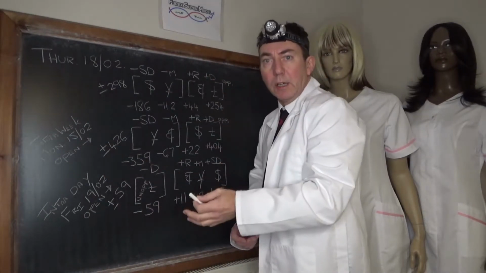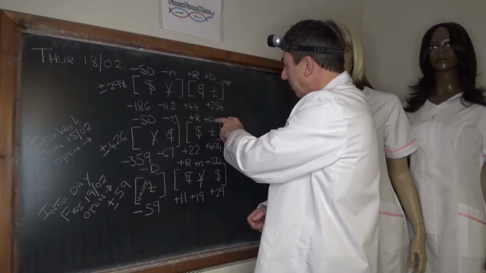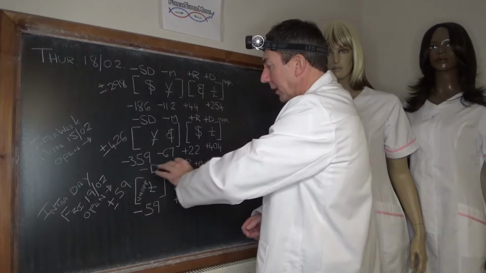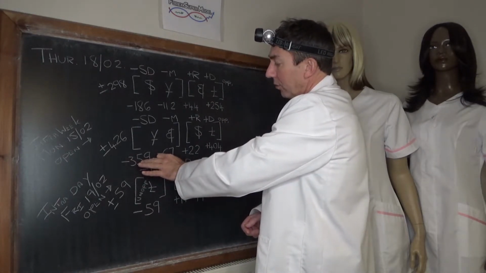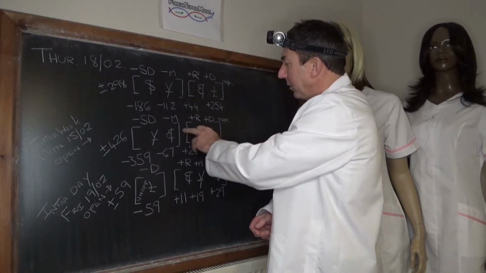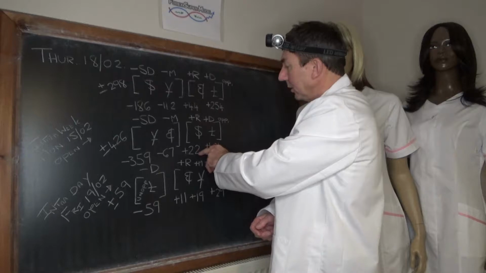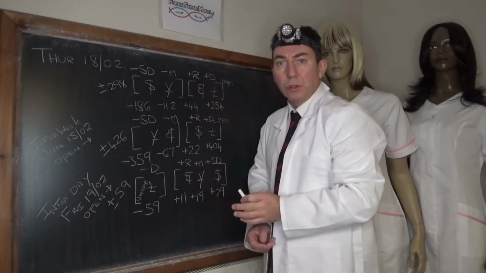This is the last day of the week, so it's the most relevant. So we've got a positive opposed driver in the pound at plus 404. Front and back door flows mainly coming out of the yen minus 359, with the euro and the dollar fairly static at dollar plus 22, euro minus 67 on activity of plus or minus 426.